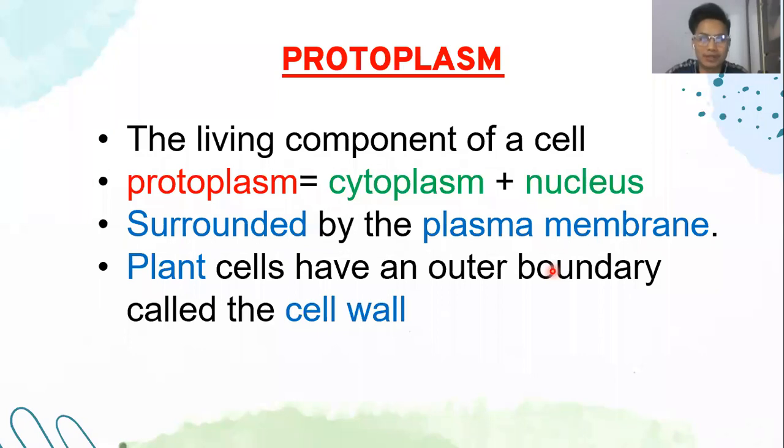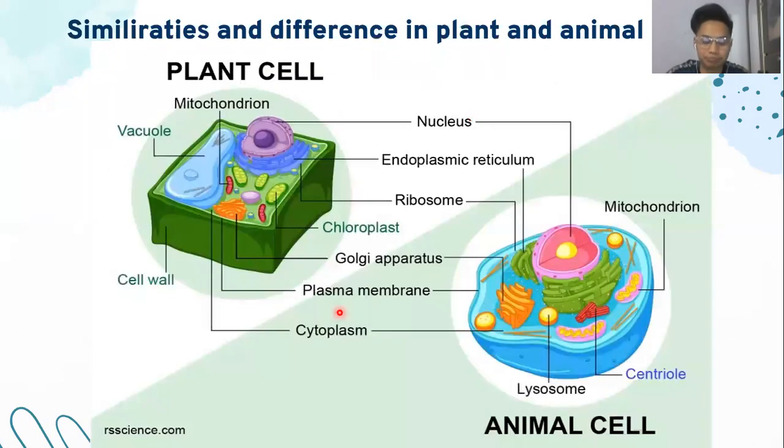So the living component of a cell has protoplasm, which is cytoplasm plus nucleus, surrounded by the plasma membrane, and plant cells have an outer boundary called the cell wall. Only plant cells have a cell wall. So this is the similarity and difference in plant and animal cells.